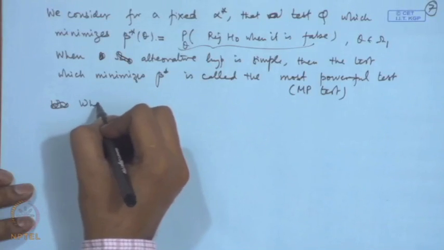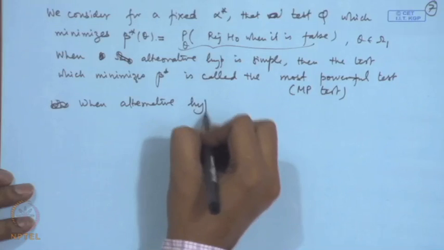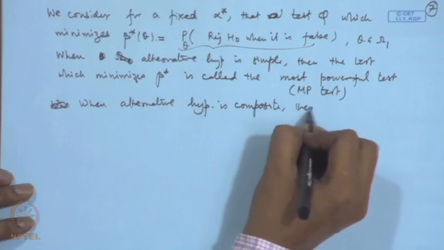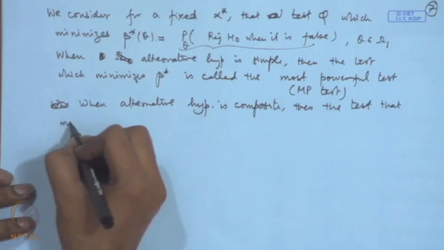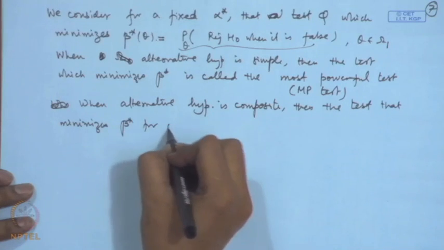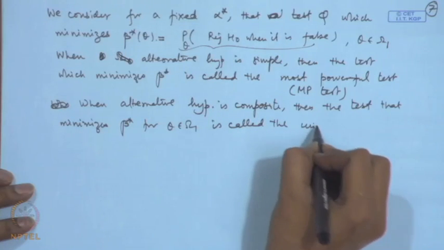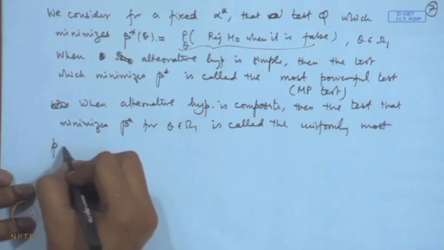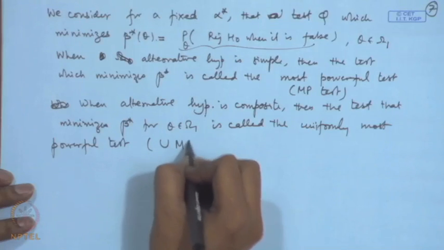Otherwise, when the alternative hypothesis is composite, then the test that minimizes beta star for theta belonging to omega 1 is called the uniformly most powerful test. That is, we call it the UMP test.